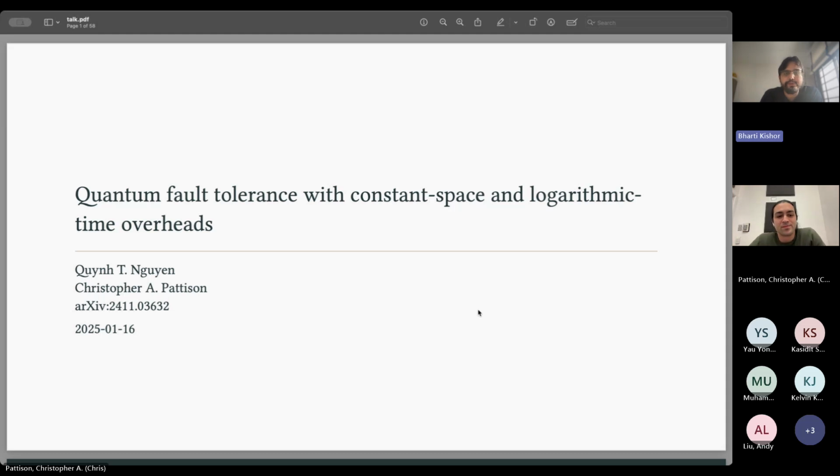There has been a lot of push towards reducing the space and time overhead for fault tolerance recently, and I believe this is the closest that we have so far. Looking forward to seeing the new techniques and tools that Chris has, and how he managed to achieve what he has achieved.